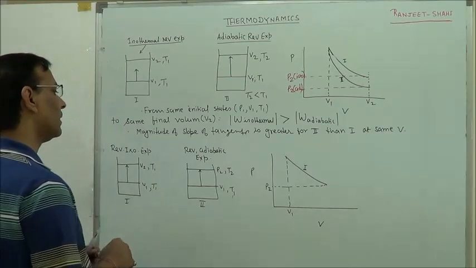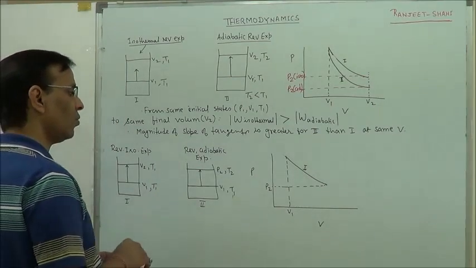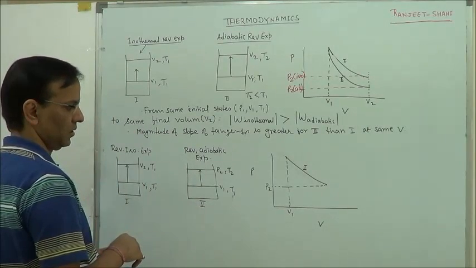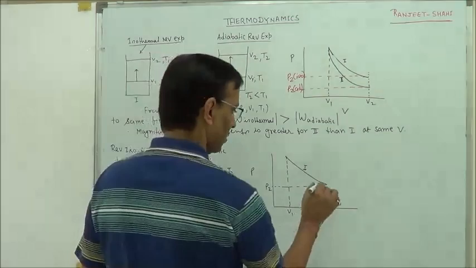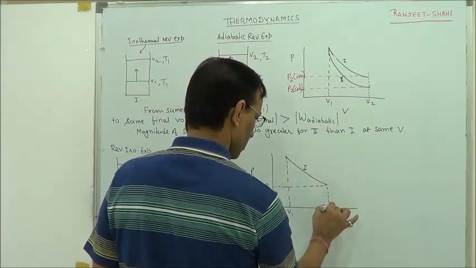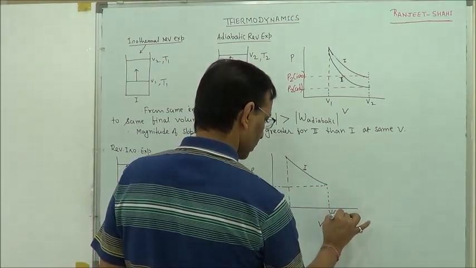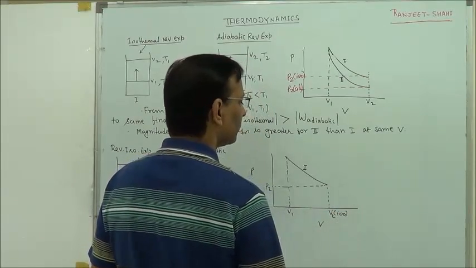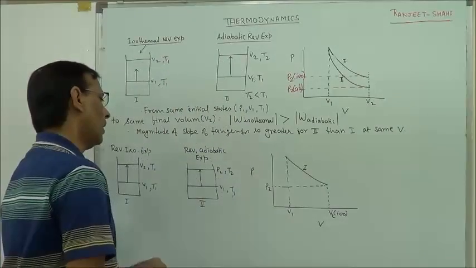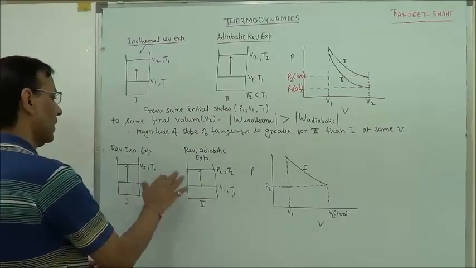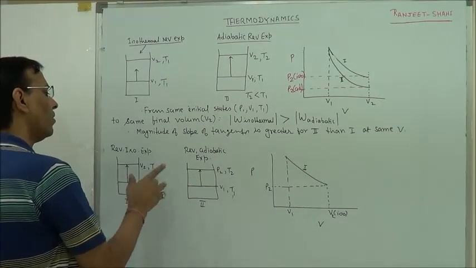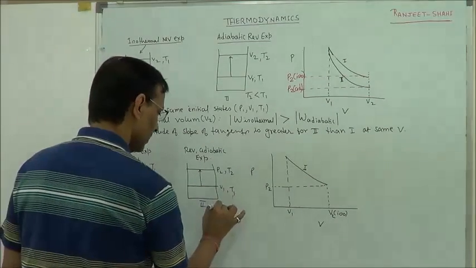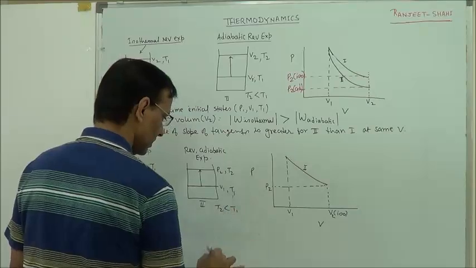What will happen to the final volume in the case of the adiabatic process? This is V2 isothermal. In case of expansion to the same final pressure, we know that T2 is less than T1.